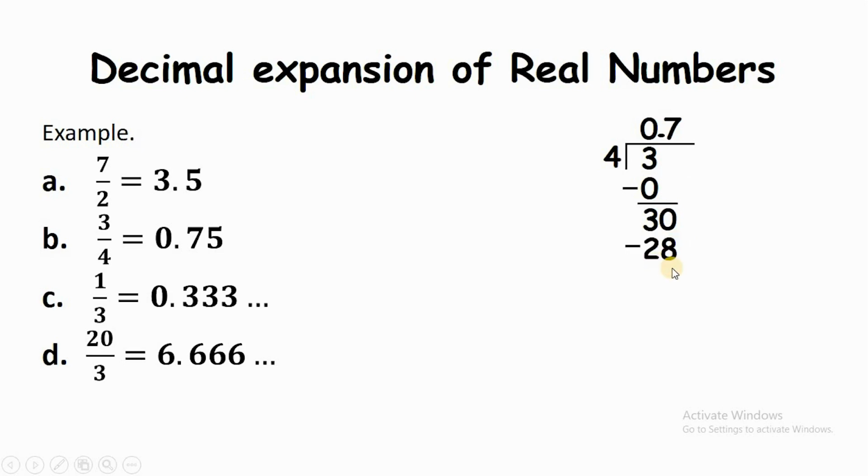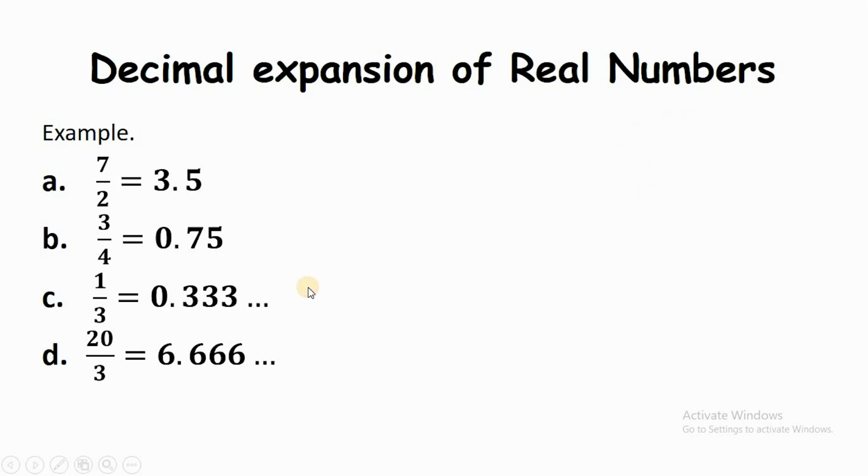Then again you subtract and get remainder 2. Again it's not 0. So you add a 0 here, it becomes 20. So 4 5s are 20 and you get the remainder 0. Therefore 3 by 4 can be expressed as 0.75, or you can say that 0.75 is the decimal expansion of 3 by 4.